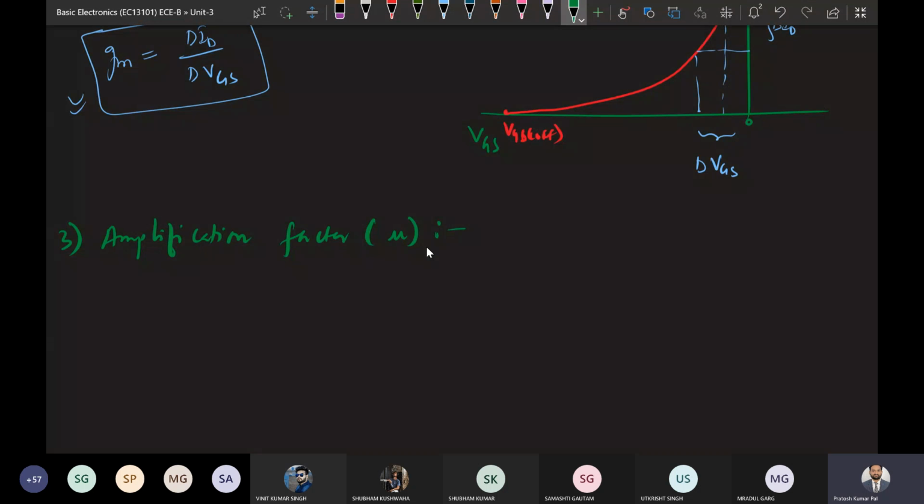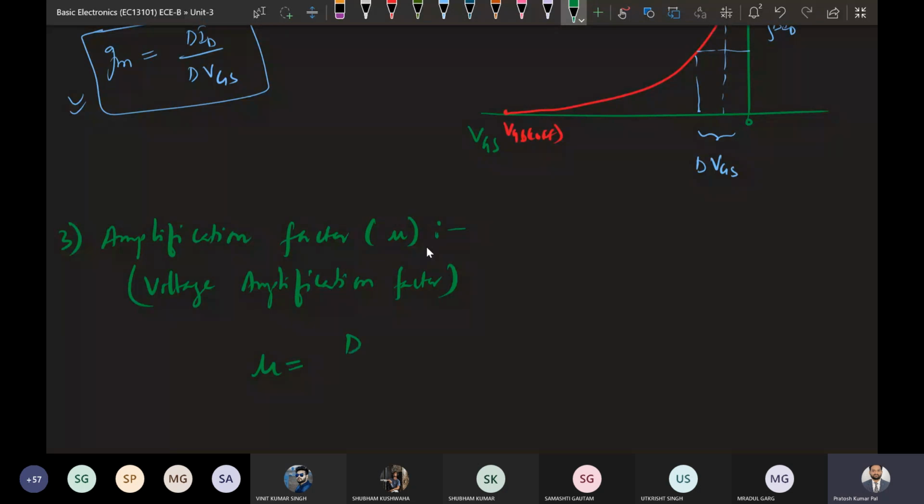So in case of FETs, it is voltage amplification. So this mu is the voltage amplification. That means it will be the relation of output voltage and the input voltage.